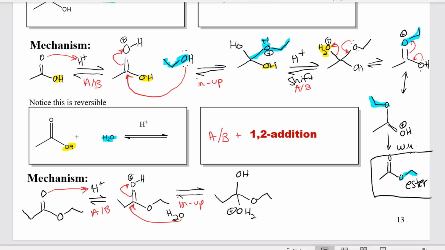Okay, so I'm driving the water on, and I'm driving the ester off. So let's keep that in mind. Let's keep the blue on and drive the yellow off. Okay, so we just did the in and up. Now, because we're under acidic conditions, we have to proton shift.